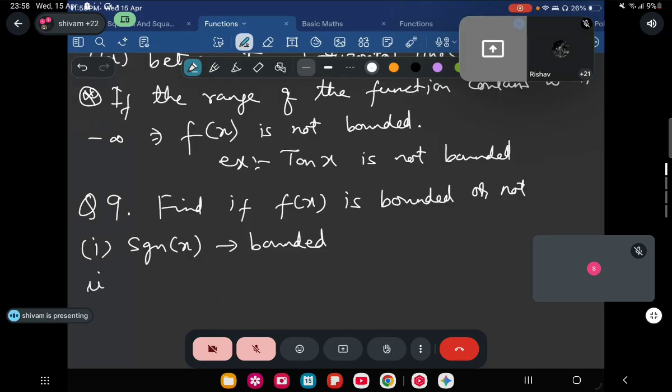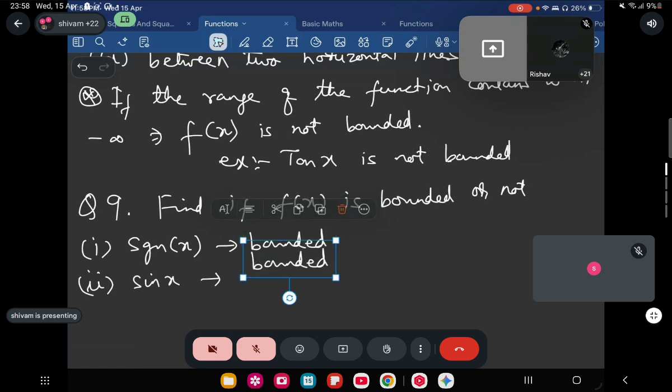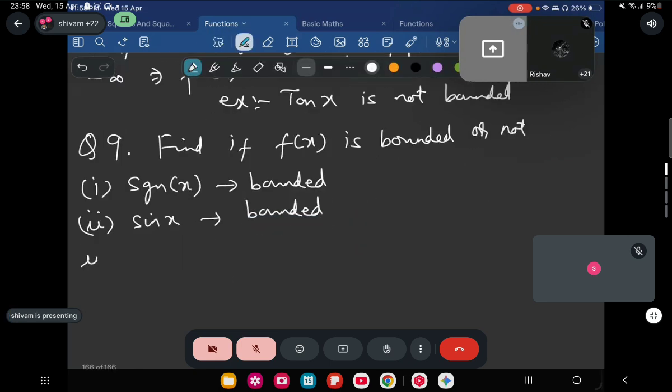Next, number 2. Number 2, we already know sin x is bounded. No need to raise the hand. Number 3, tan x is unbounded. We already know. Next, number 4.